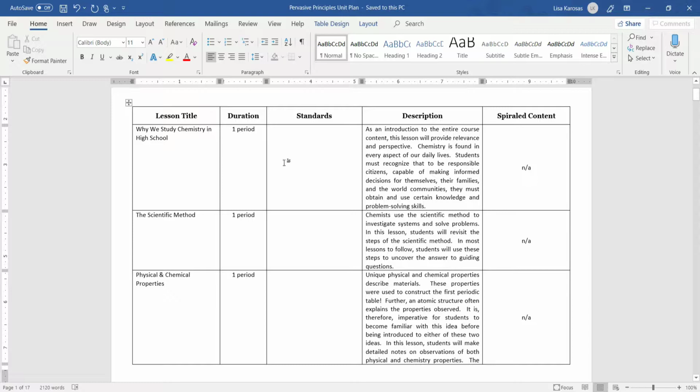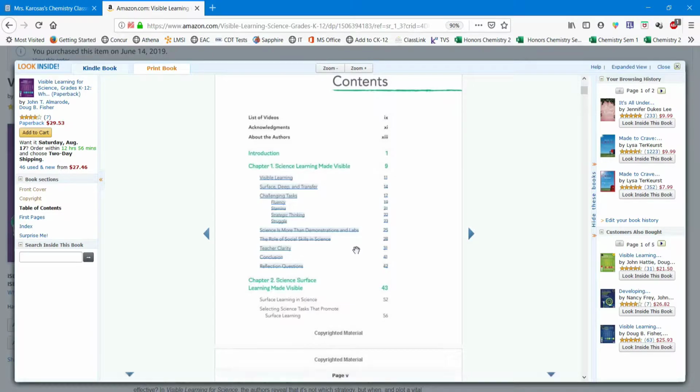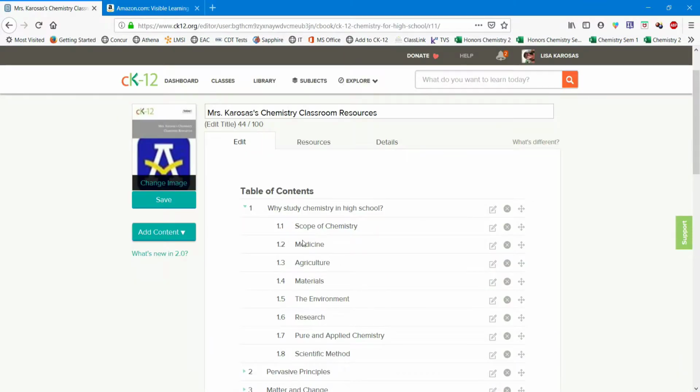So the topics I came up with include why we study chemistry in high school. I started there because that'll be my first lesson, and that'll be basically this: macroscopic versus microscopic. What we see versus the particles we don't. Also, every area of chemistry, and then how it applies to the world we live in, with the ultimate goal of coming out an informed citizen, being able to problem solve.